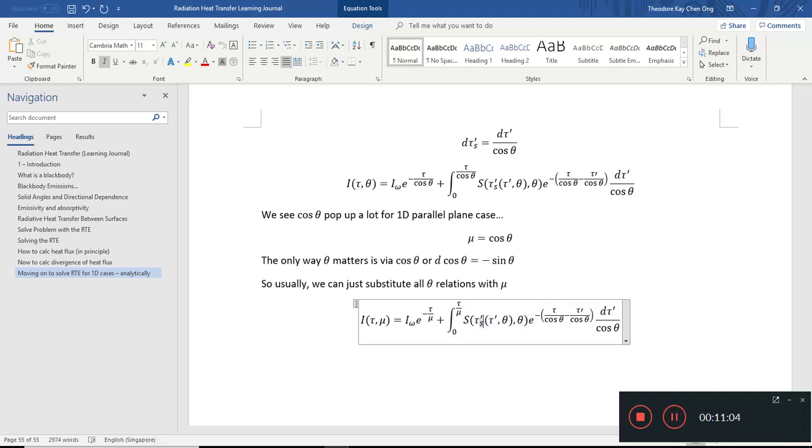Okay, so this should be tau s prime. It should just be depending on mu. Theta is mu dependent. So this will be mu, tau over mu, tau prime over mu also.